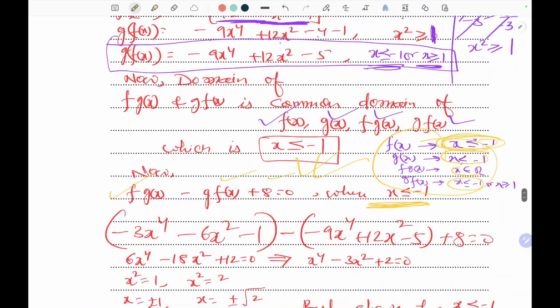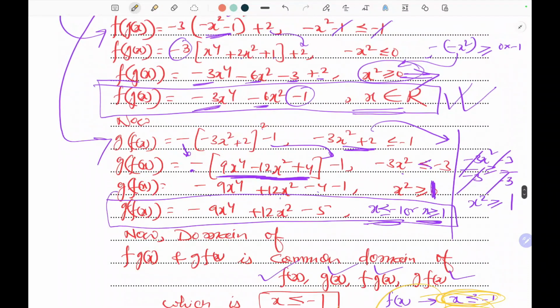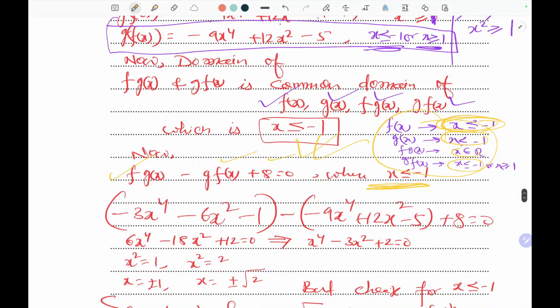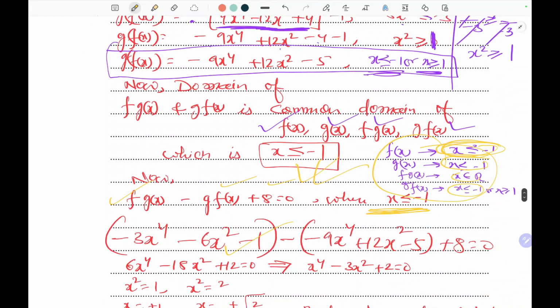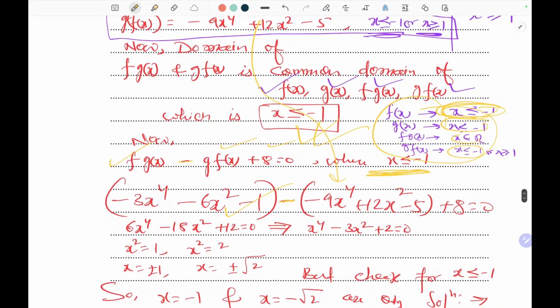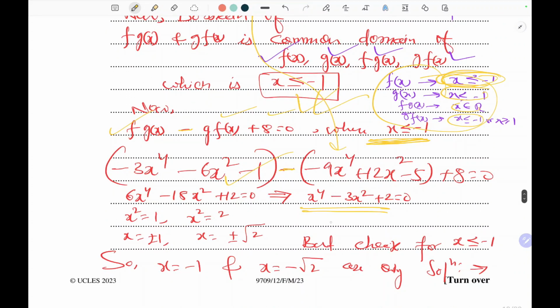Now f of g(x) I already found, which you can see from here, minus 3x to the power 4 minus 6x squared minus 1, and this minus I have written here, and the g of f(x) from here I am writing minus 9x to the power 4 plus 12x squared minus 5, plus 8. Just solve. You will get x to the power 4 minus 3x squared plus 2. And this is a quadratic equation. If you don't know, then you can understand.